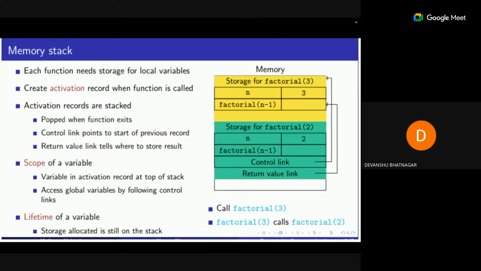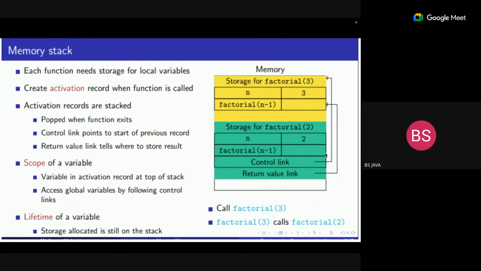Yeah, ma'am. Ma'am, can you explain the last part, the return value link? Yeah. Factorial of 2 is going to give us a value, right? I'll go into the detail. Factorial of 2 will call factorial of 1, and factorial of 1 will return a value.